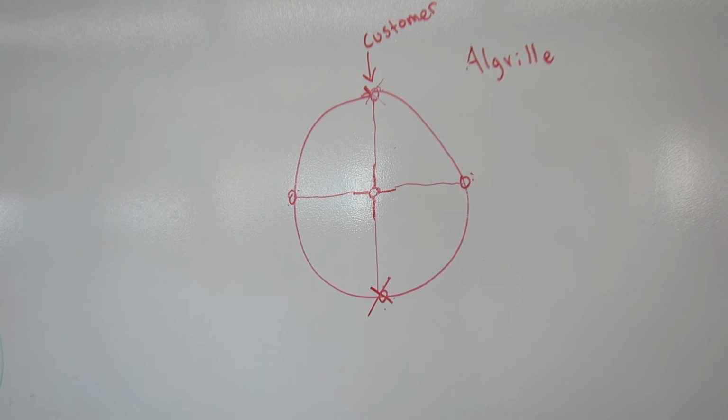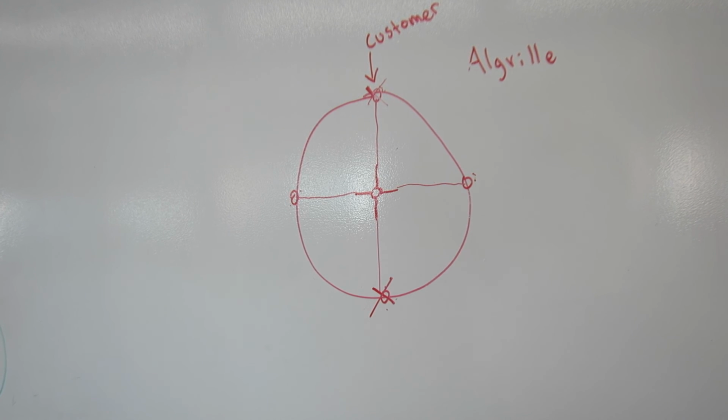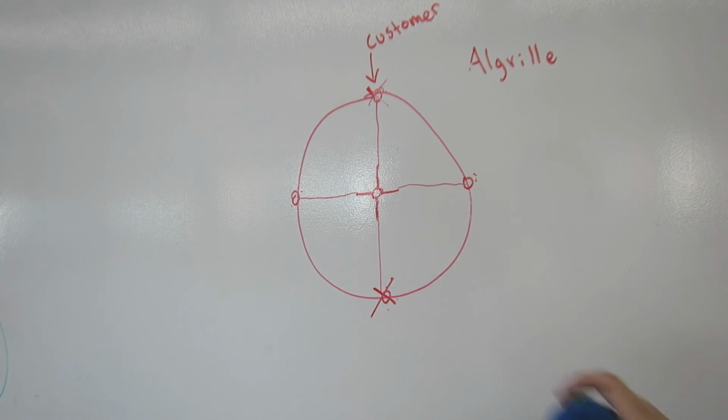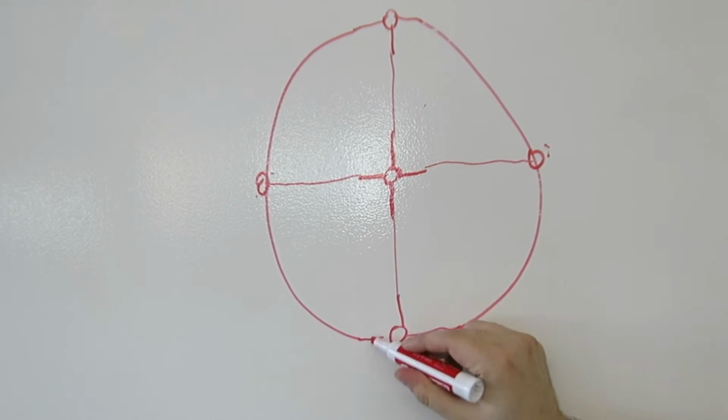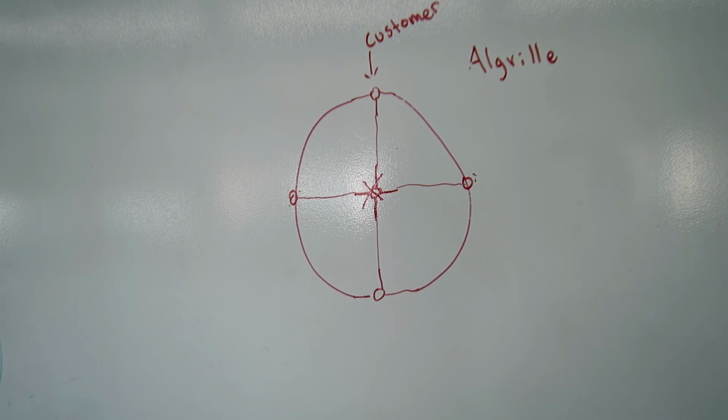Keep in mind that our goal for this problem is to find the minimum dominating set. This is the minimum dominating set for this graph.